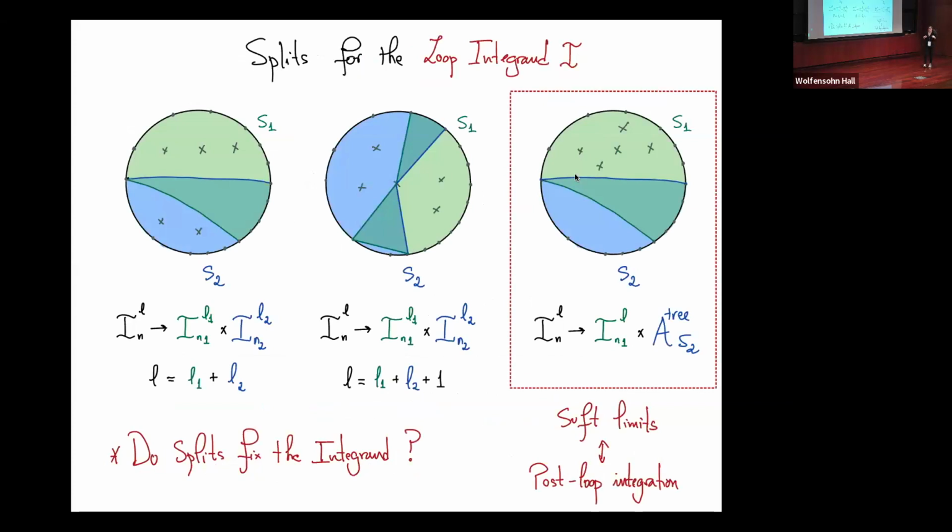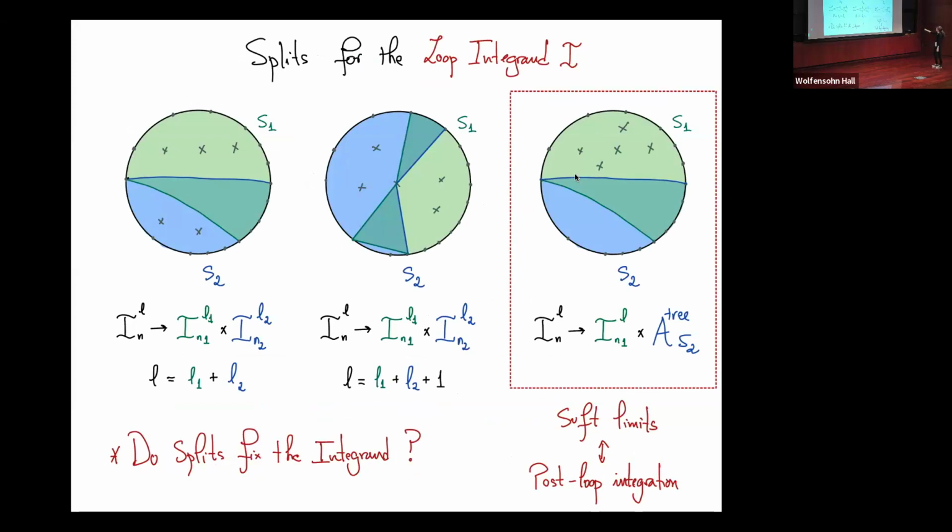But from the moment that we understand where these splits are coming from from the u variables perspective, we can actually generalize them to all orders in the topological expansion. Here are some examples of splits for the loop integrand. In this case, we have two subsurfaces where both of them have some topology. Another case here is where they overlap on two different triangles, and still there's a split.